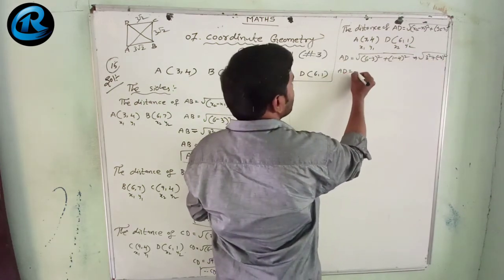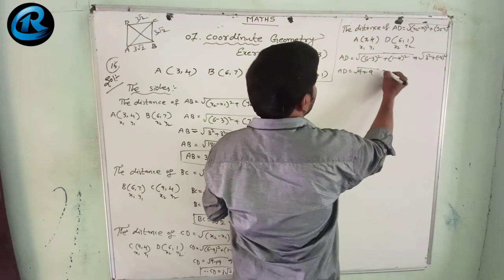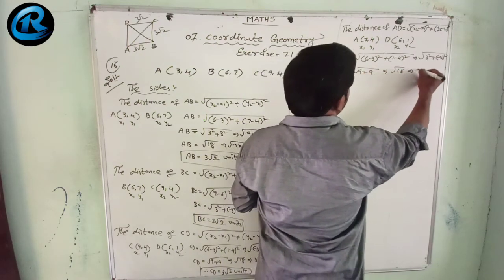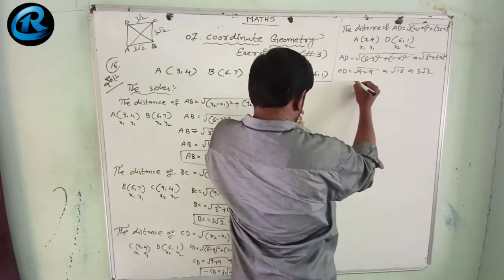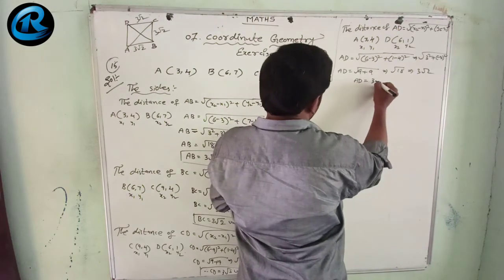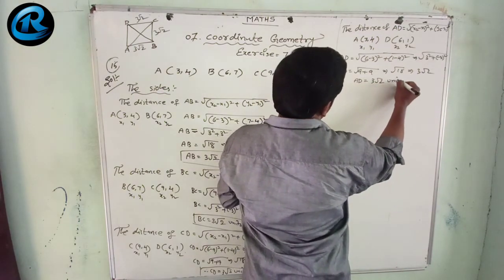Hence AD equal to under root of 9 plus 9, that equal to root 18. Root 18 equal to 3 root 2. So AD also we got 3 root 2 units.